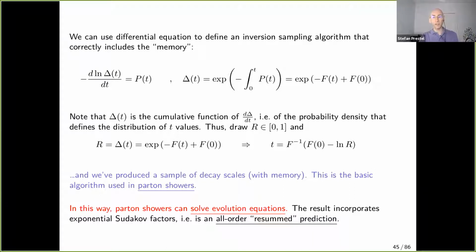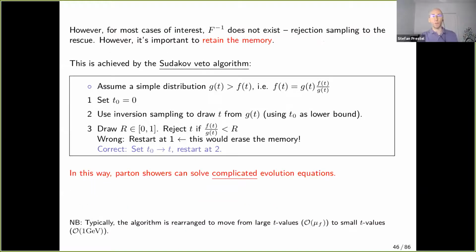this is not quite what happens in real life, because the functions that we have to actually invert are typically too complicated to invert analytically. So the way around that is to again invoke rejection sampling, just like we did in the first lecture when we saw that something was difficult to integrate.